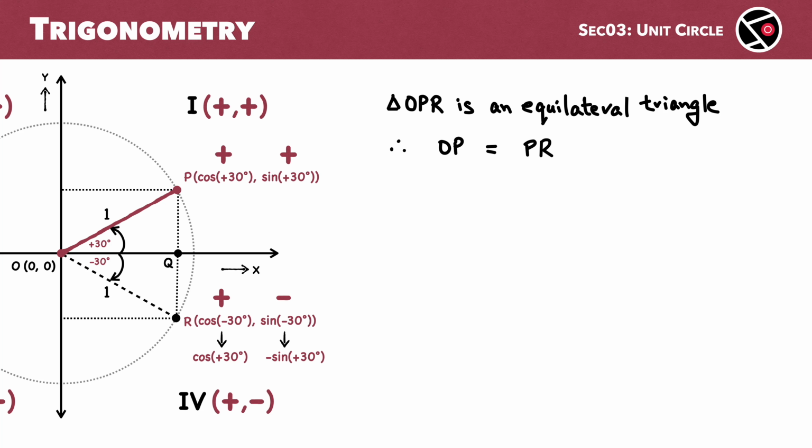This means we only care about how long the side is, not the direction. In other words, we are talking about the magnitude of the sides. That's why the correct way to write this is magnitude of OP equals magnitude of PR. We can replace PR with PQ plus QR.